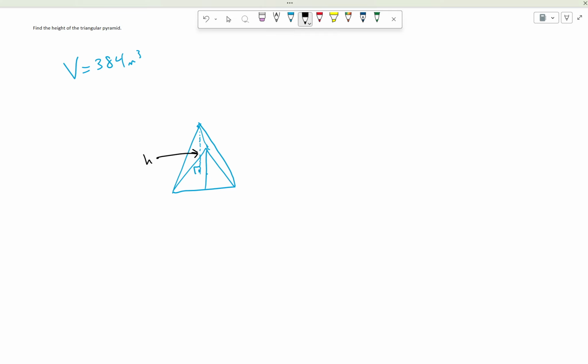Now, everything else is going to be determined. This right angle right here, the height of the triangle, that's the base, is 8 meters. And we have 24 as this length across the bottom. So we're going to say V is equal to 1/3 capital BH, right? Now, how do we solve? Well, we're going to take this and plug it in.